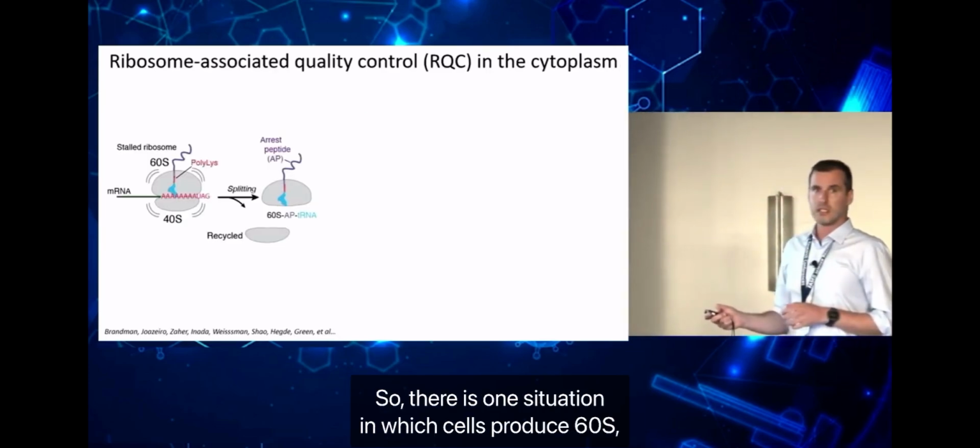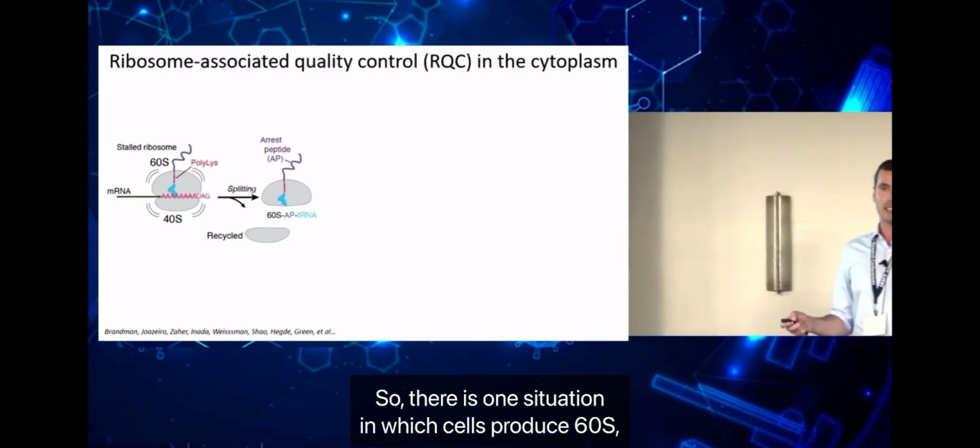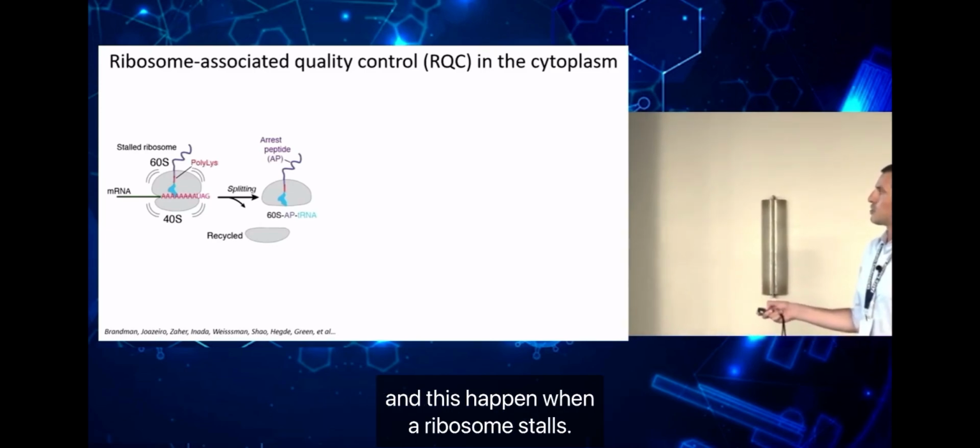There is one situation in which cells produce free 60S, and this happens when a ribosome stalls.